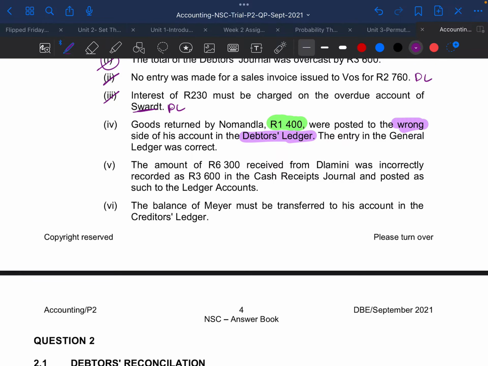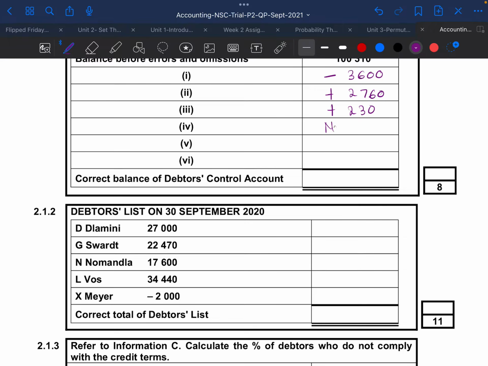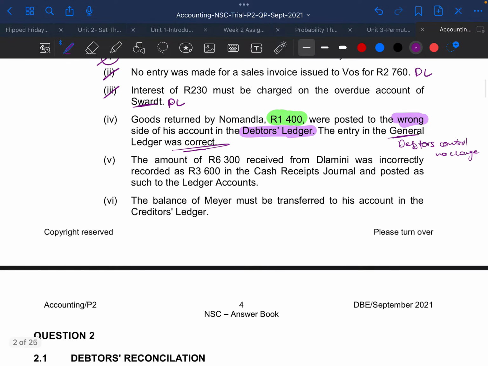So here that means in the general ledger, our debtors control will have no change, because it was correct. Okay, so in this one we'll just simply write no change, or if you'd like, you can just simply write 0. All right, and then this will definitely also affect our debtors ledger.